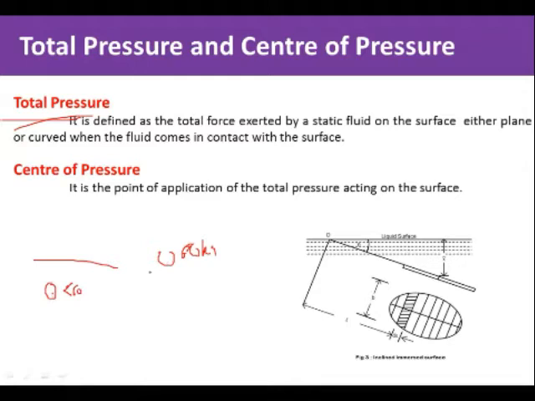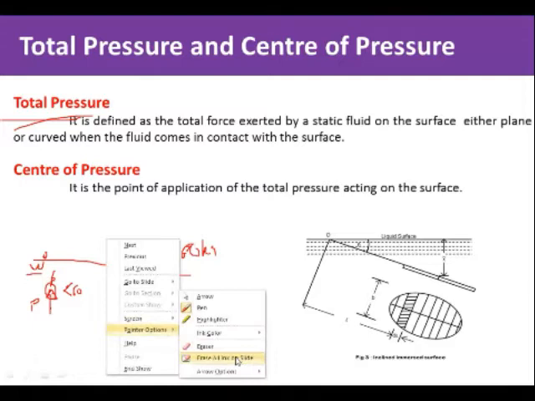Why? Because on the earth's surface only your weight is acting in the downward direction, but whenever a body is inside the liquid, the weight is acting downward and the pressure force is acting in the upward direction. Because of that, the net force acting on the body will be less than the weight of the body. Remember this.